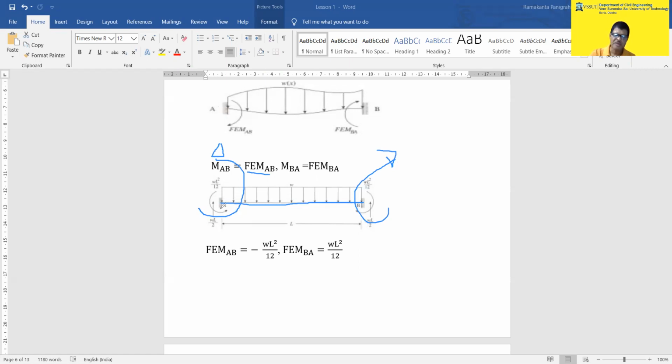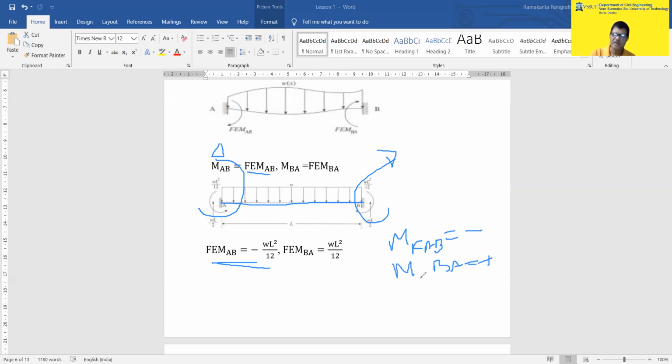If clockwise is positive and anti-clockwise negative, so the fixed end moment at the end A, so fixed moment at AB, okay, you can write FMAB or you can write MFAB, fixed end moment at AB, is negative, whereas at the end BA it is positive because of the sign conventions. Okay.